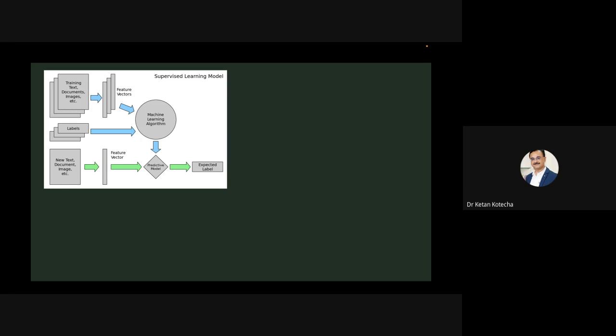Likewise, I go on training like we used to do when we were in school, like 2 or 3 or 4. Once we learn first time, or ABCD up to Z, we learn for the first time. We've been given that particular image in front of us several times. Several times we overwrite that particular image so that our brain learns. So similarly, we need to train the machine learning algorithm.